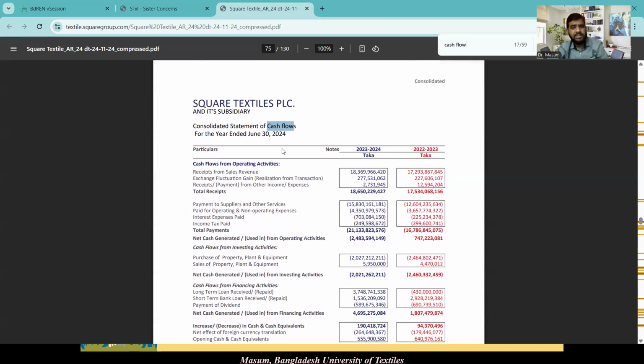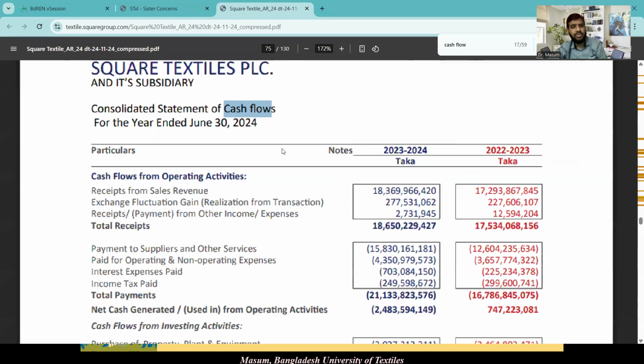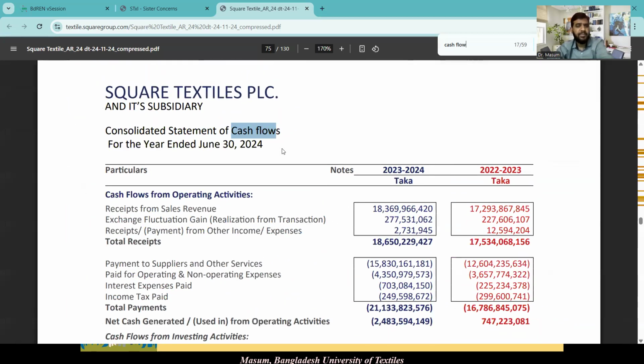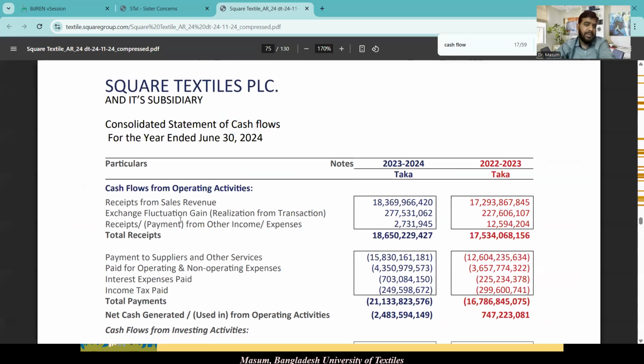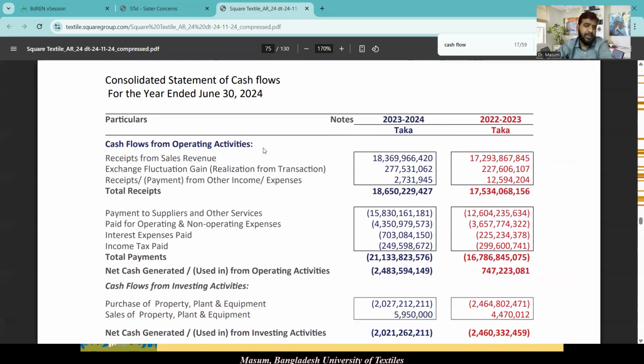So Square Textiles statement of cash flows is shown here. Cash flow from operating activities: sale received from sales revenue, exchange fluctuation gain, receipts or payment or expenses.